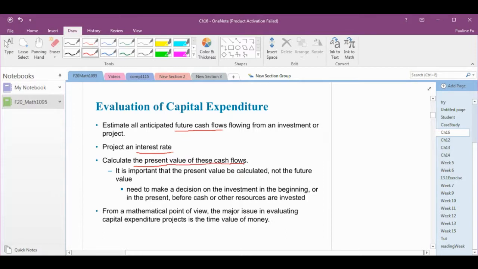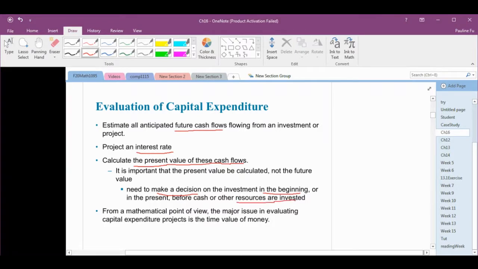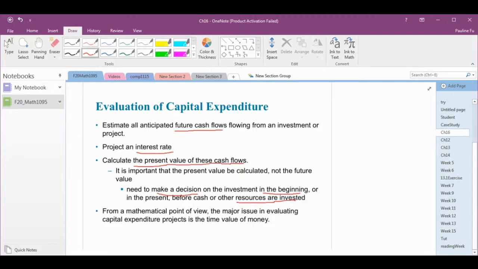Why do we need to calculate present value, not future value? Because we need to make a decision on the investment in the beginning, not at the end. And the decision has to be made before the resources are invested. That's why we need to calculate the present value, not future value.